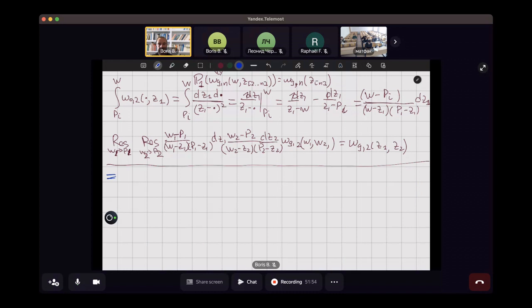Yes, sum from 1 to n of residues in P, and then this. So maybe okay, it doesn't matter.